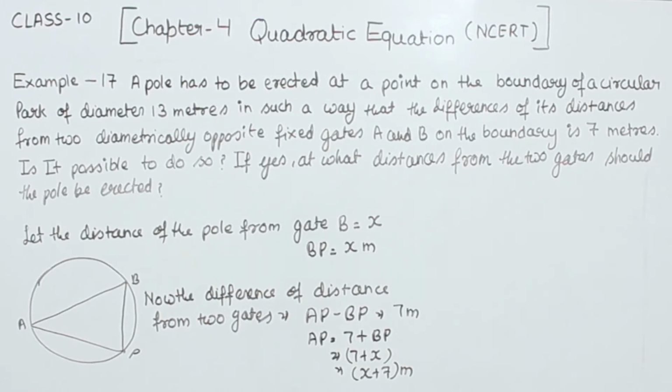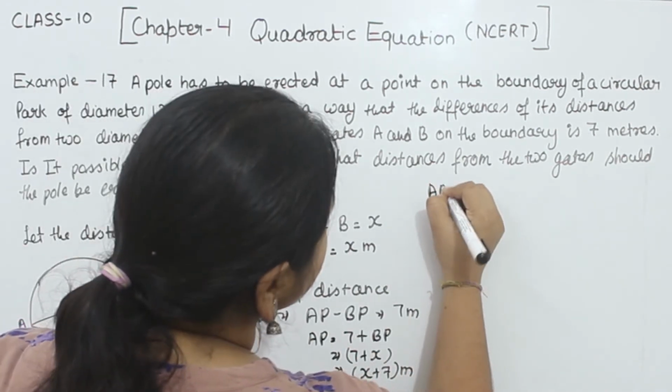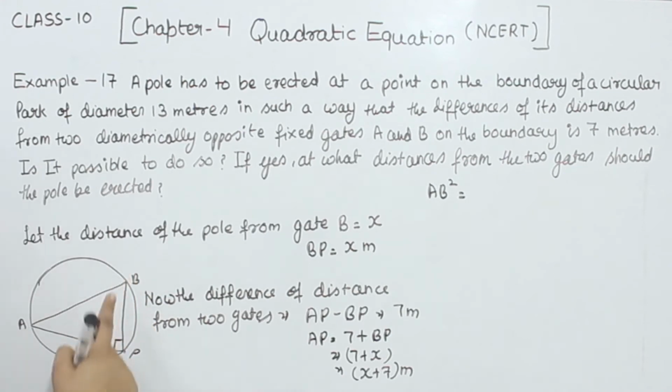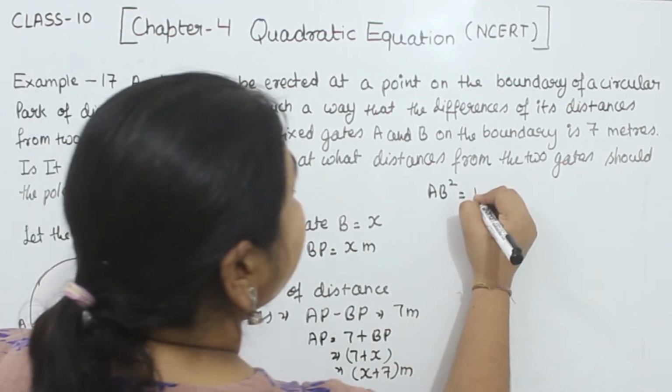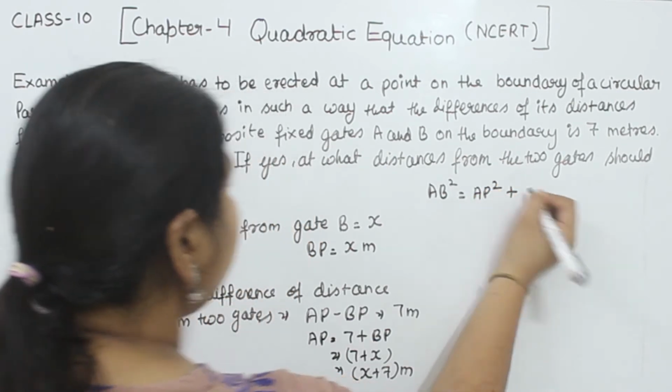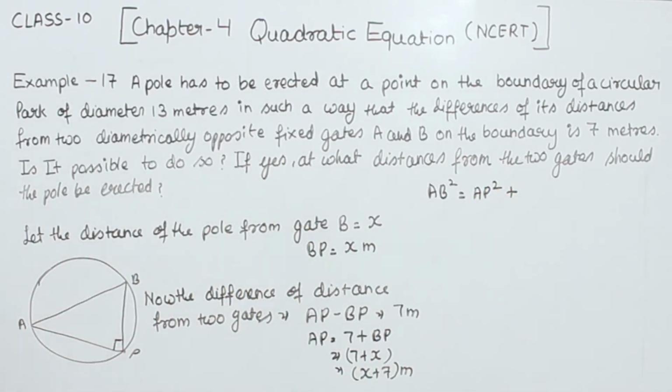So AP is x plus 7 and BP is x. Now I am going to apply the Pythagoras theorem, supposing this is a right triangle. AB square, the hypotenuse square, equals AP square, the base, plus BP square, the perpendicular.